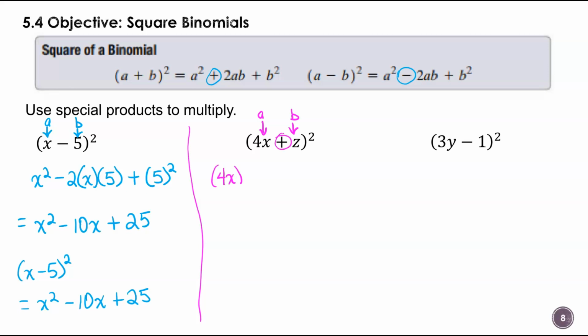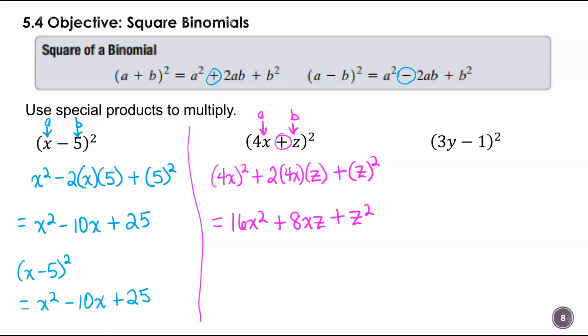So 4x squared, A squared, plus 2 times A times B, because these are taking the place of the A and the B, and then it's plus the B term squared. And then I simplify, so that's going to be 16x squared plus 8xz plus z squared. So that's how you apply that formula.